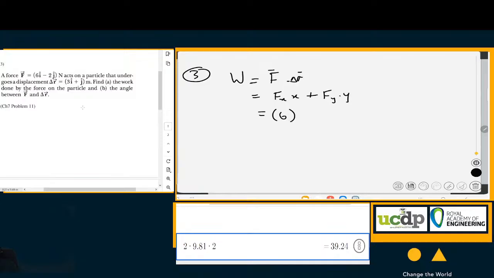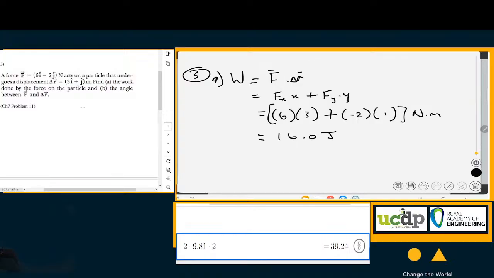So this is 6 times 3 plus negative 2 times 1, and the unit is newton meters or joules. 6 times 3 is 18 minus 2, that's 16.0 joules. It's component wise. When you take the dot product of two vectors component wise, you multiply each individual direction. That's A.